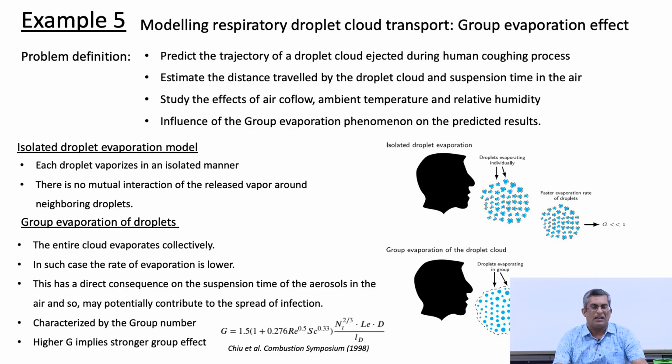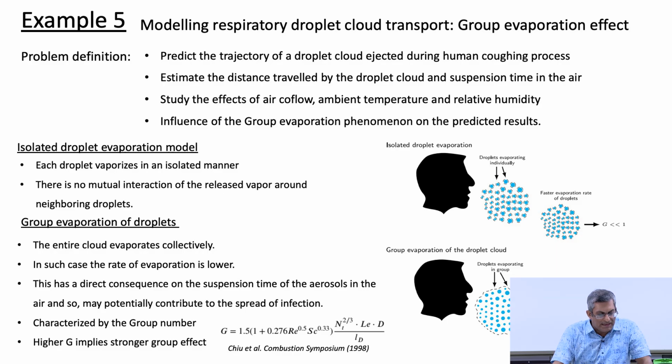So if you see, here we have extended the previous example. In the previous example, we had only one droplet. Here we have a group of droplets. Okay, so just to give you a basic idea of what is the group evaporation effect. Till now we have basically been considering the isolated droplet evaporation model. The D square law is basically a model which refers to isolated droplet evaporation.